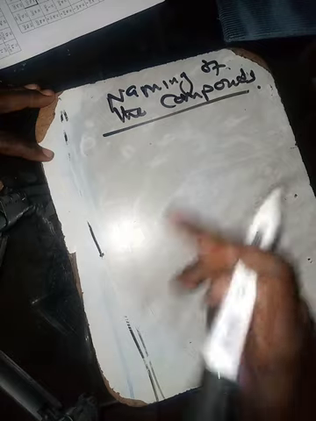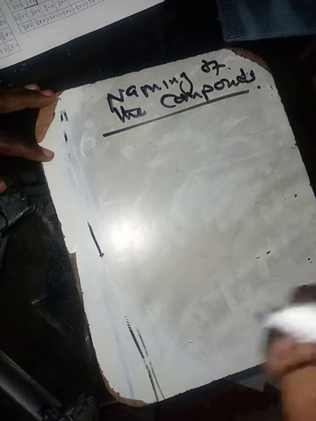Those topics are ahead of you, and this is the foundation. If you cannot formulate the name, you cannot come up with the compound's name. How are you going to construct the equation? You cannot even balance it.